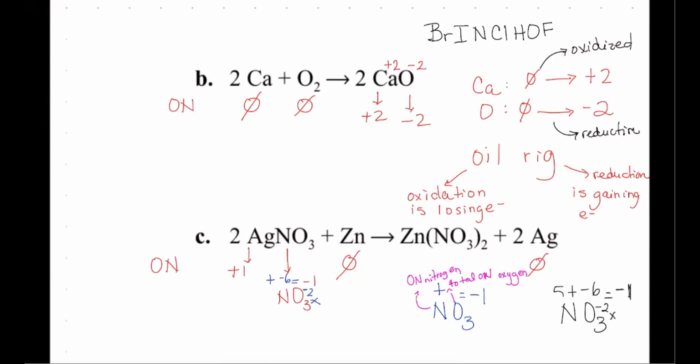The oxidation number of nitrogen is 5, plus the total of 6 that oxygen is contributing. That's what equals your -1. I just want to remind you of it, because in this reaction the nitrate is not doing anything, but I wanted to show you how to calculate it.